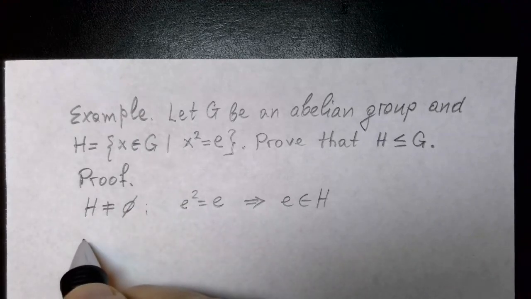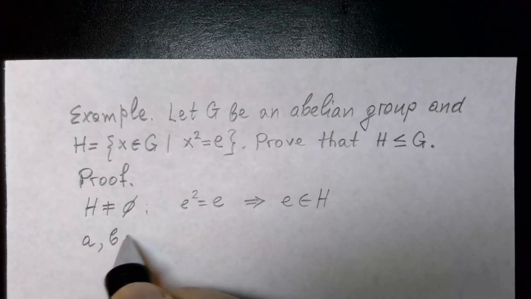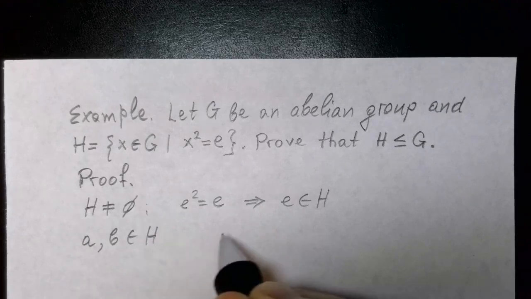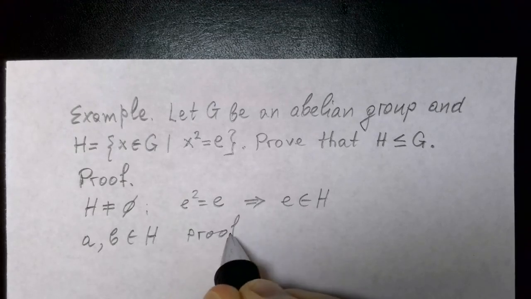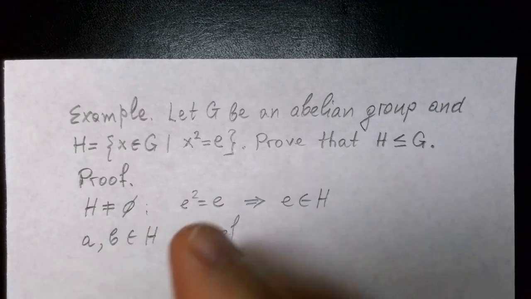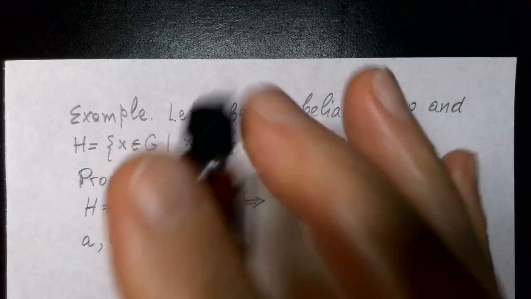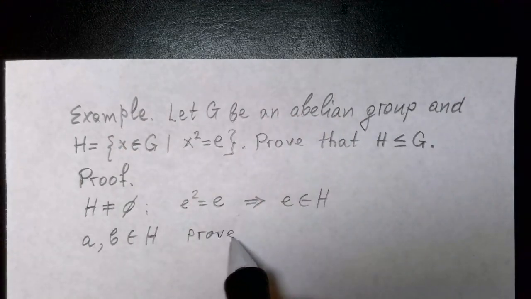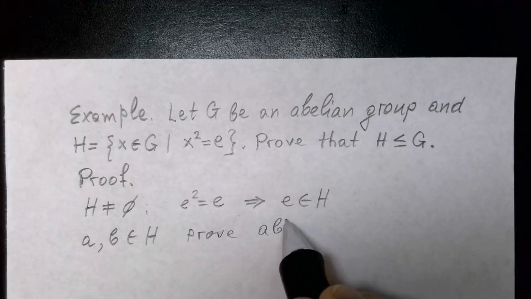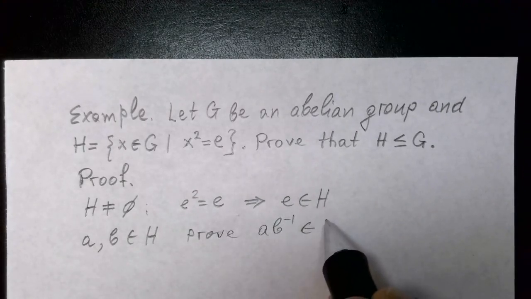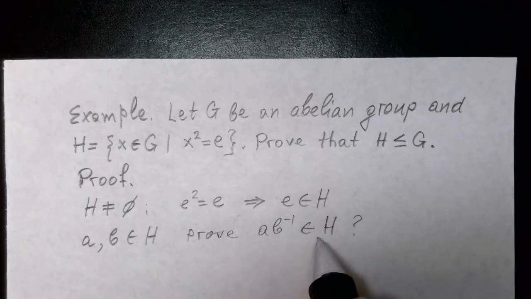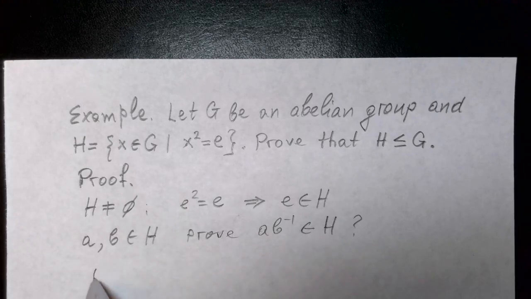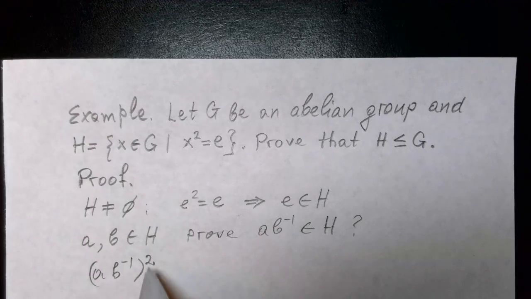Next, we select two elements A and B in H, and we want to prove that A, B to the negative 1 is also in H. To that end, we raise A, B to the negative 1 to the second power.